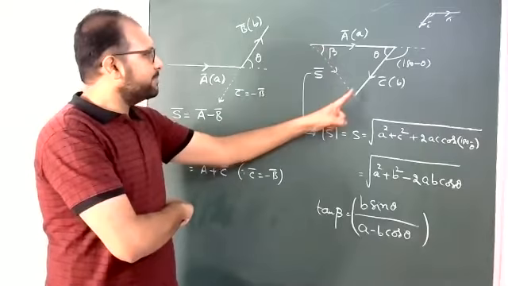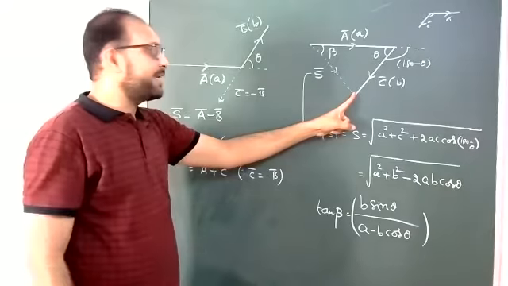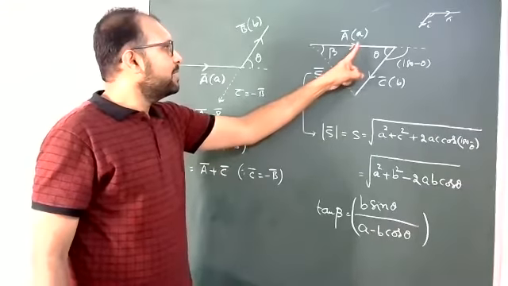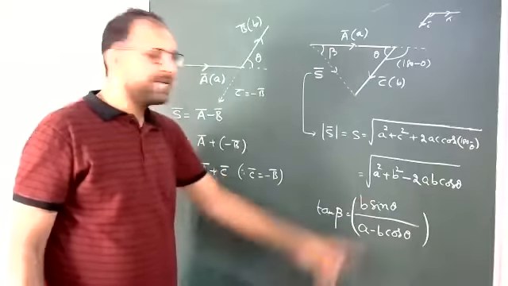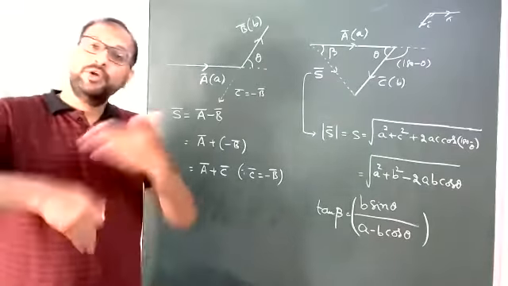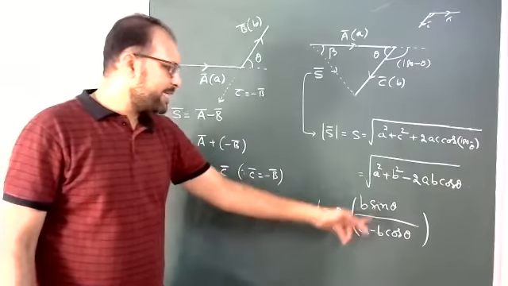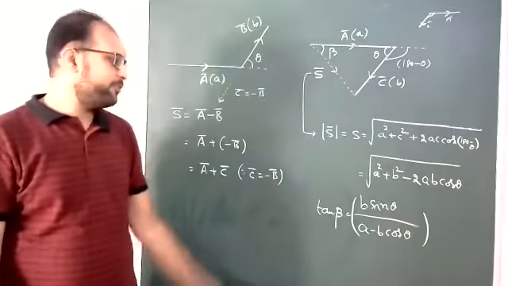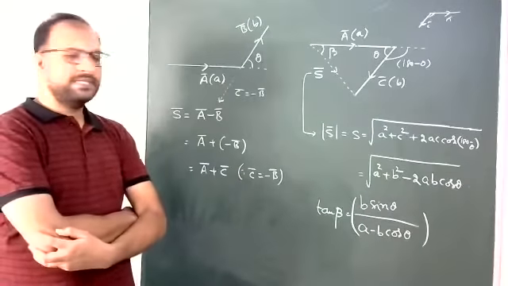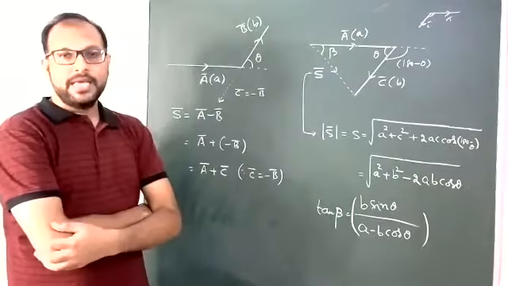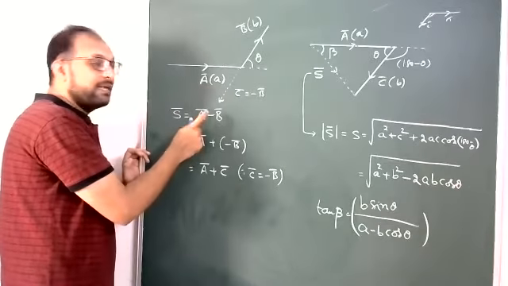Even if you do it from the component form you can find it: this is B cos theta, A minus B cos theta, opposite B sin theta. But you need not do that, because we already know addition. From the addition only I am explaining the subtraction. Tan beta equals B sin theta by A minus B cos theta. Therefore, beta equals tan inverse of that. But beta is on this side. So now this is the vector subtraction of A bar and B bar with A bar.